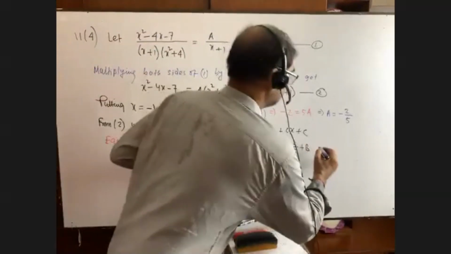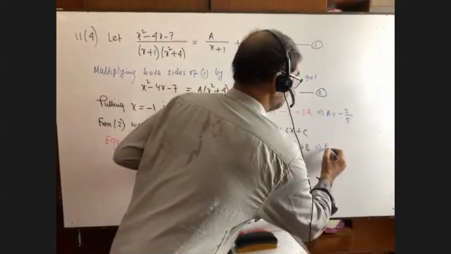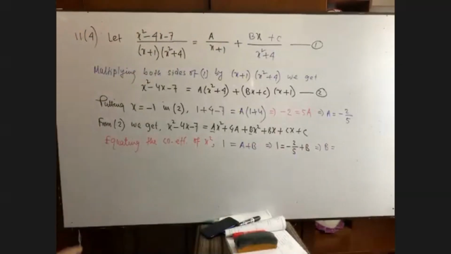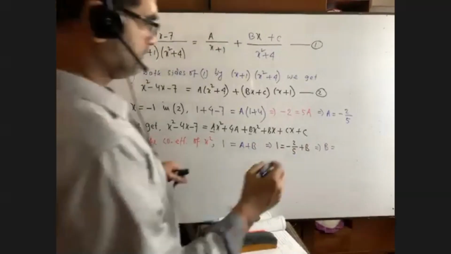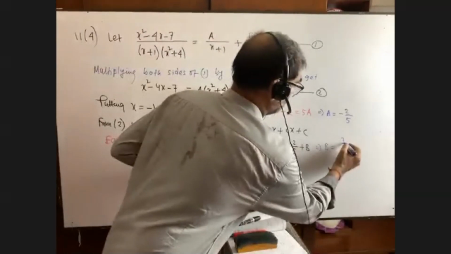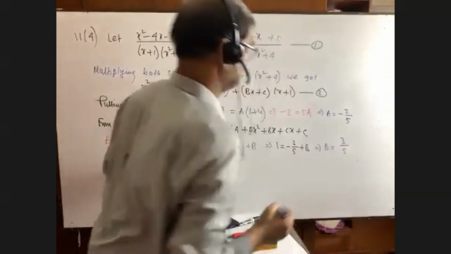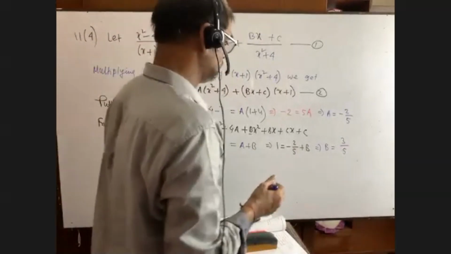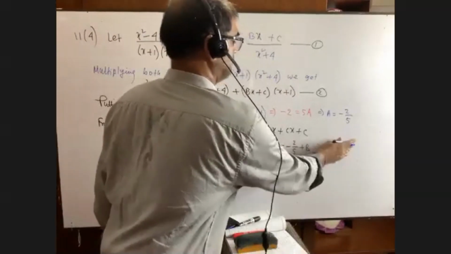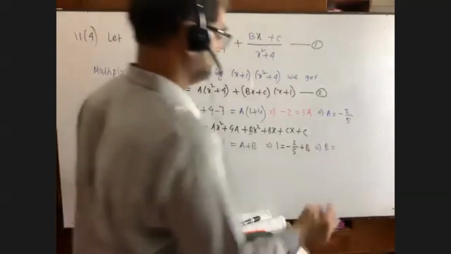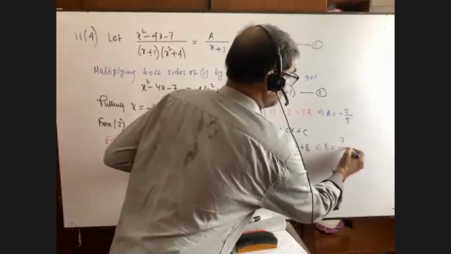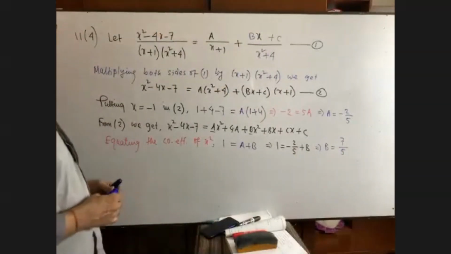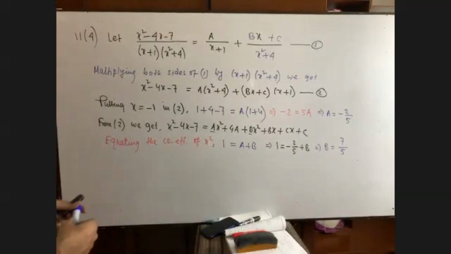You can take 1 plus 2 by 5, that is 3 by 5. Not 3 by 5, sorry, 1 plus 2 by 5 is 7 by 5. You are absolutely right, 7 by 5. I was considering 1 minus; it was my mistake.